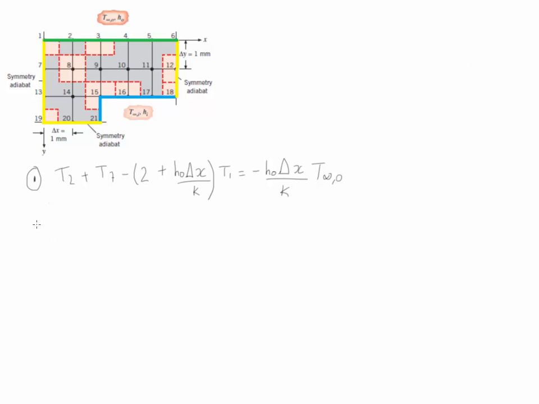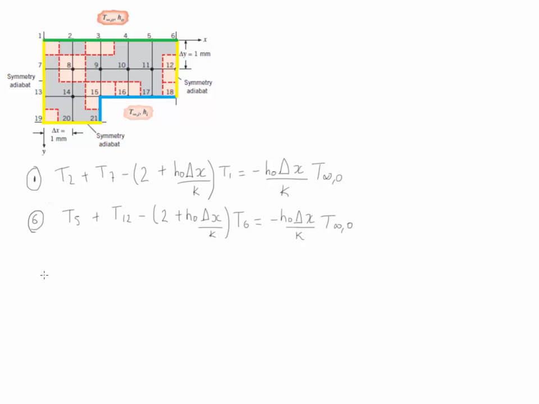Notice that in this case, the surrounding nodes are T2 and T7. The same equation could be obtained for node number 6, and the nodes that surround there are going to be T5 and T12. And the structure of the formula remains the same. This is going to be T6, and the constants are going to be exactly the same.